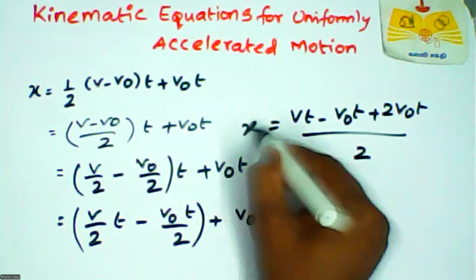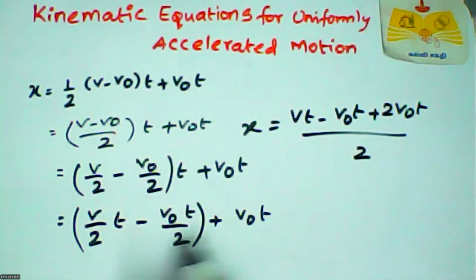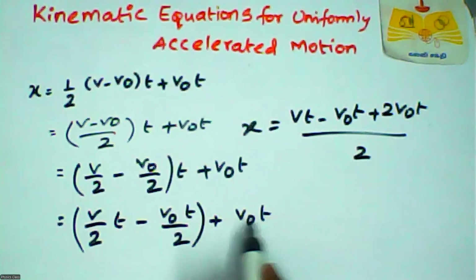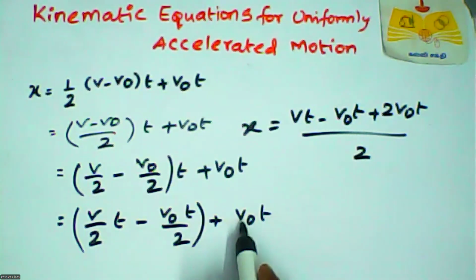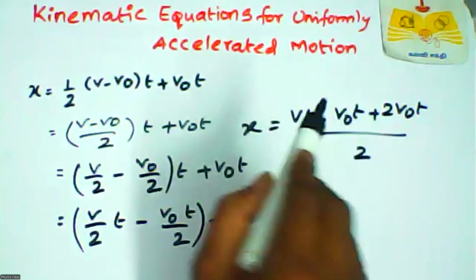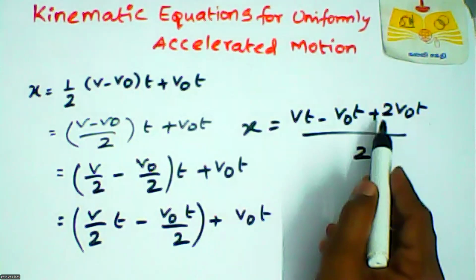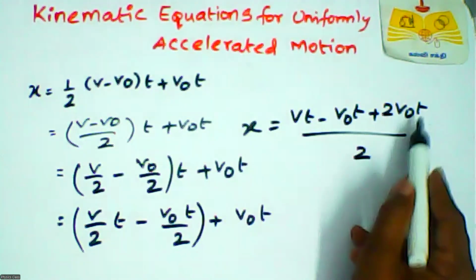So vt by 2 minus v naught t by 2 plus v naught into t. So we can take the LCM, cross multiply that term. So vt minus v naught t, then only we can add those terms. Okay, so v naught t plus 2 v naught t by 2.